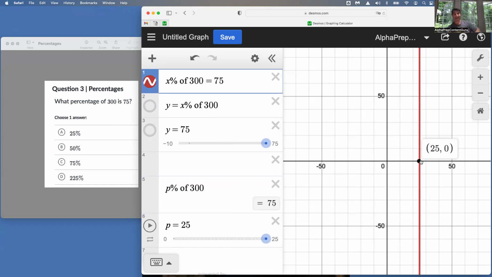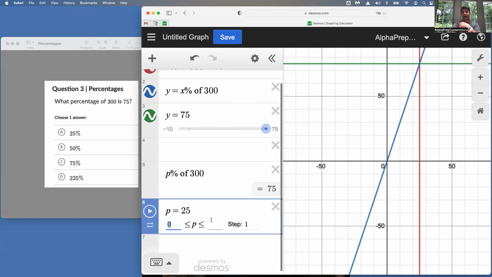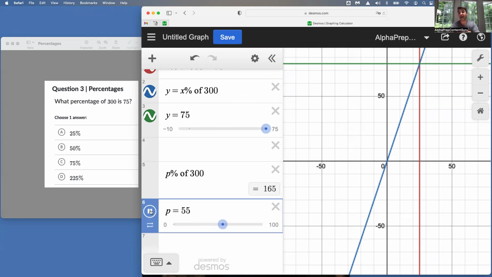If I didn't get the gray dot, I could say y equals the left side and y equals the right side and see where they cross. That would be pretty cool too. Either way, the answer to this question is 25%, but you could have also said p% of 300 and then made p a slider and decided that the slider was 0 to 100% and then watched it and decided for what value of p do I get 75?